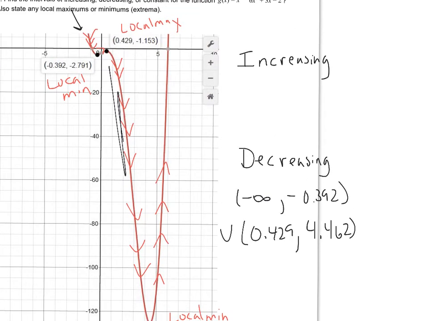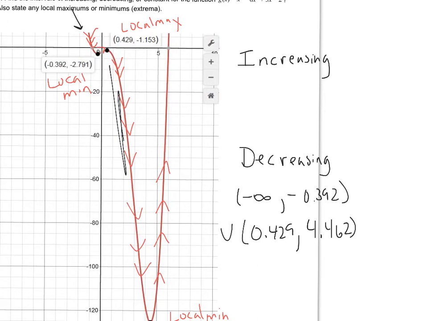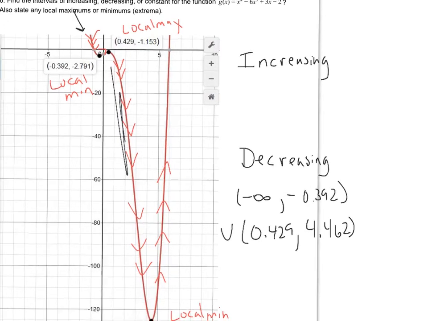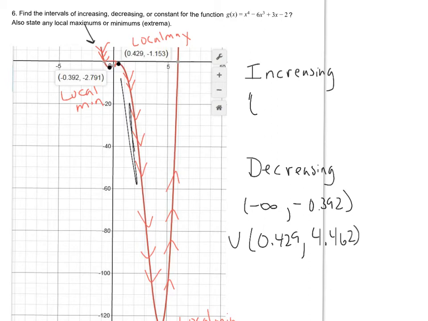And then, of course, my increasing intervals, I got just this little guy right there that's not increasing for very long. But it is increasing, so that's negative 0.392, comma, 0.429, union. And then the last part is that big part, which is going to be 4.462, comma, infinity.